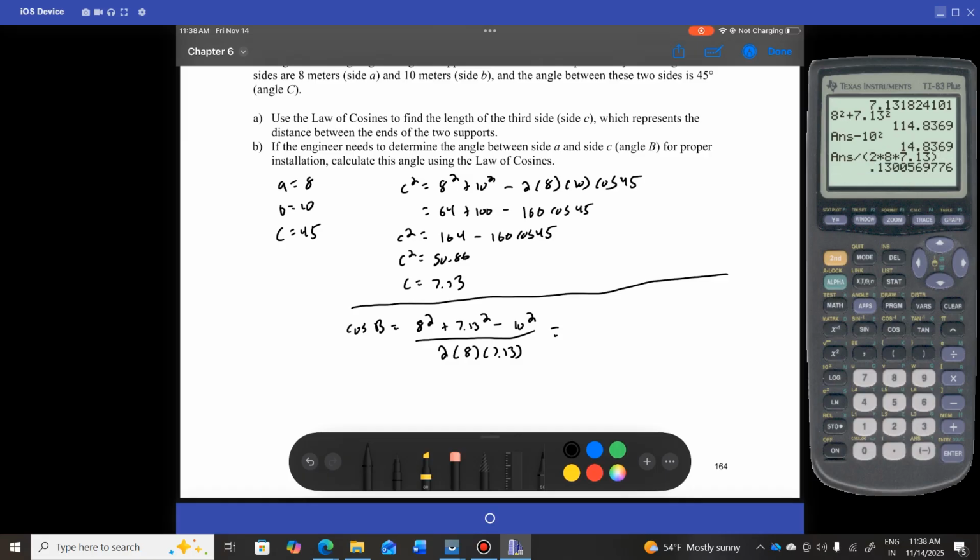So we get 0.13. So angle B is inverse cosine of 0.13. We get 82.5 degrees.